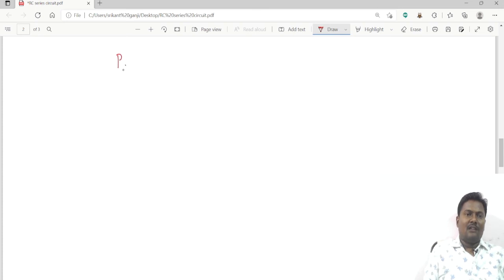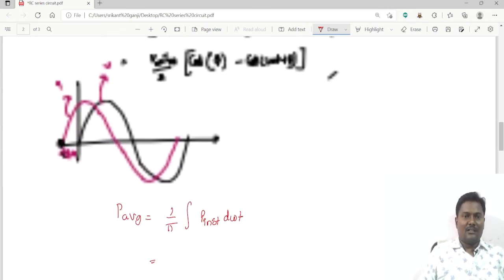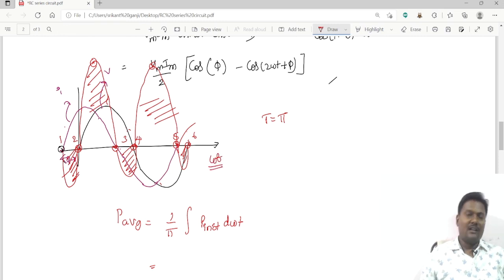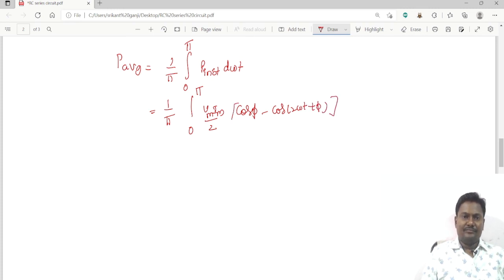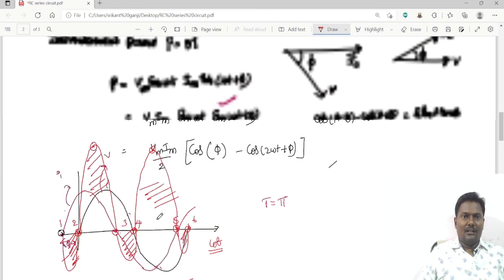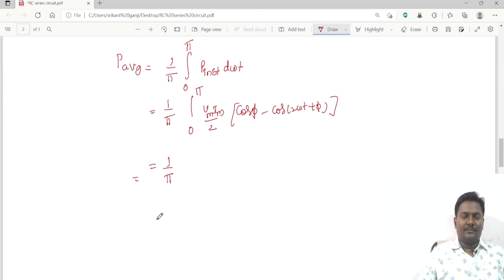Again, average power is equal to 1 by pi times the integration of instantaneous power with respect to omega t. On the x-axis the reference is omega t. So 1 by pi integration of Vm Im by 2, cos phi minus cos of 2 omega t plus phi, with limits 0 to pi.